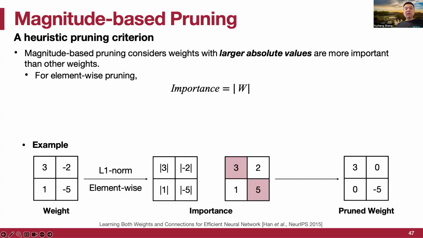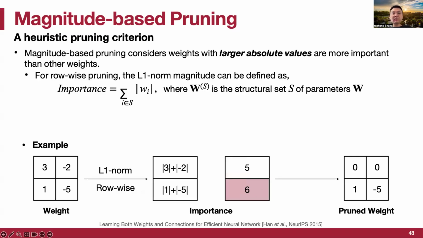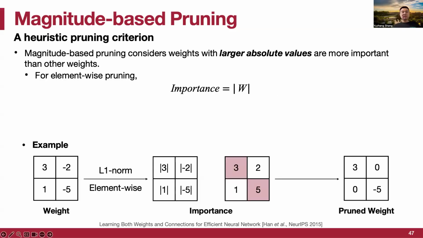And this is the magnitude-based method for the unstructured pruning method, right? How can we use those kinds of methods for structured pruning? For example, for the column-wise pruning, we just generalize those importance concepts.